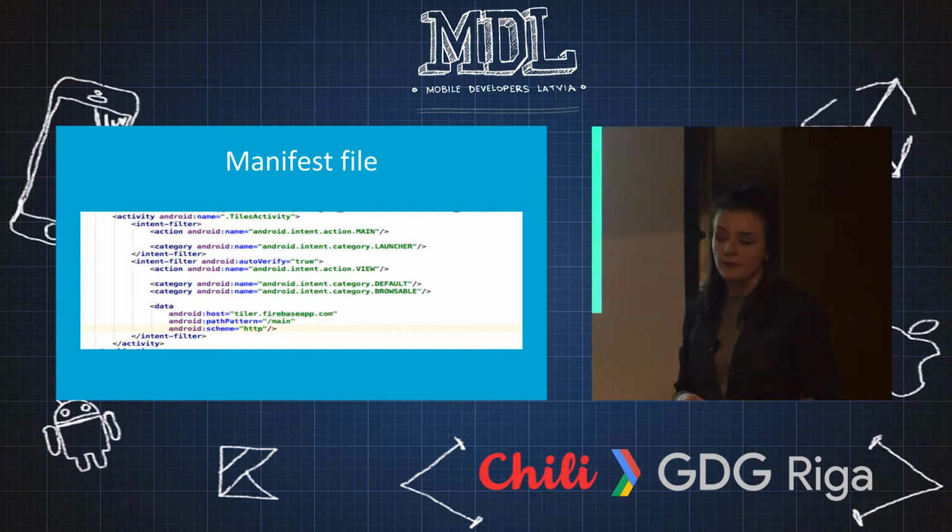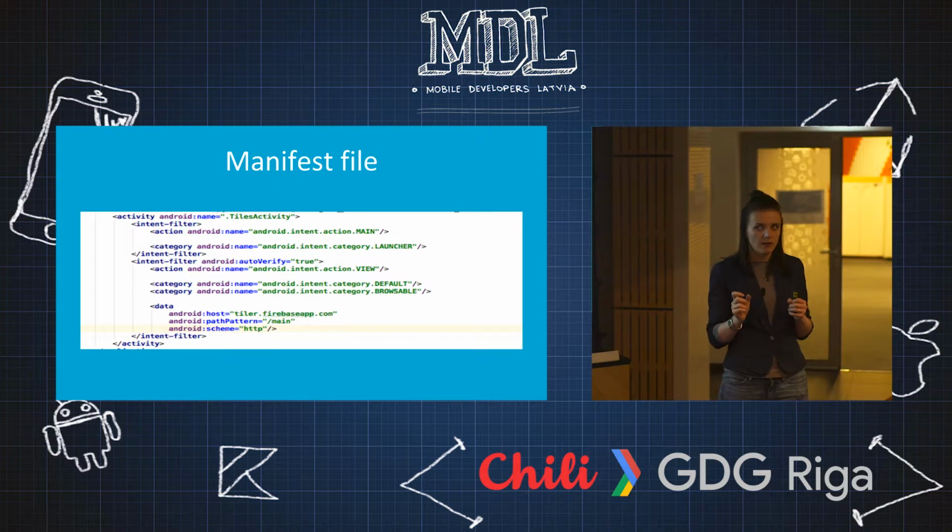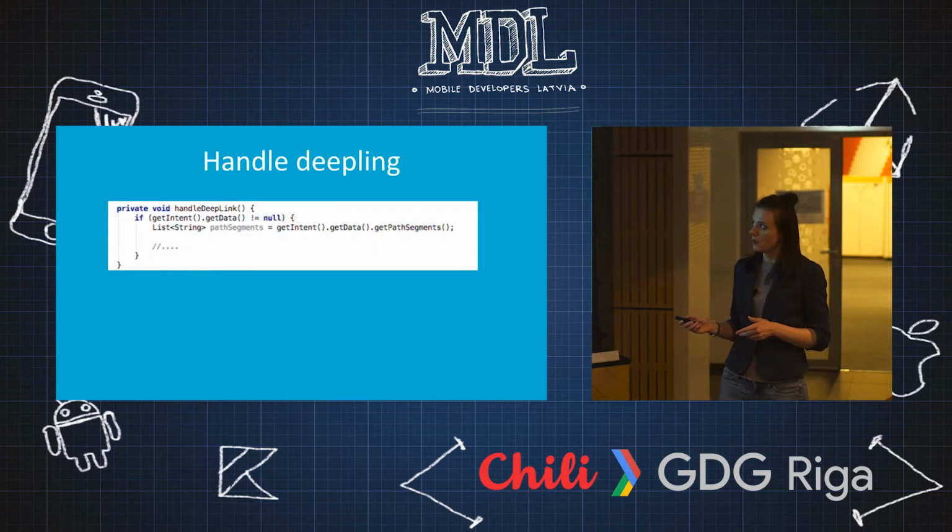Okay. Yeah, and that's pretty handy. The only difference is that when we use instant apps, we are not allowed to use custom schemas. We have to use the HTTP schema. Everything else is pretty much the same as deep linking, and then you just handle the deep linking from your activity, for example.